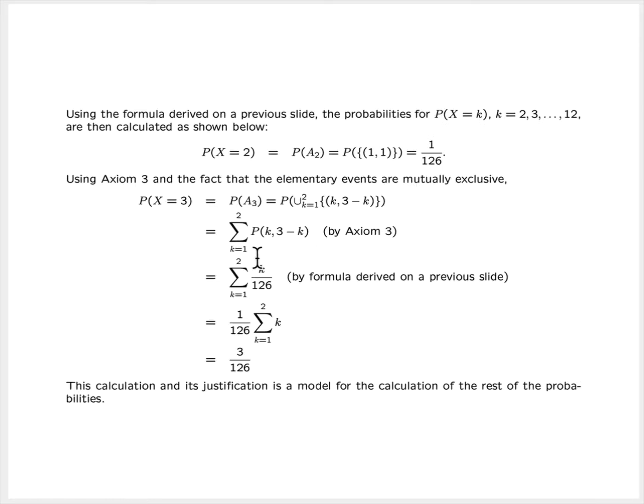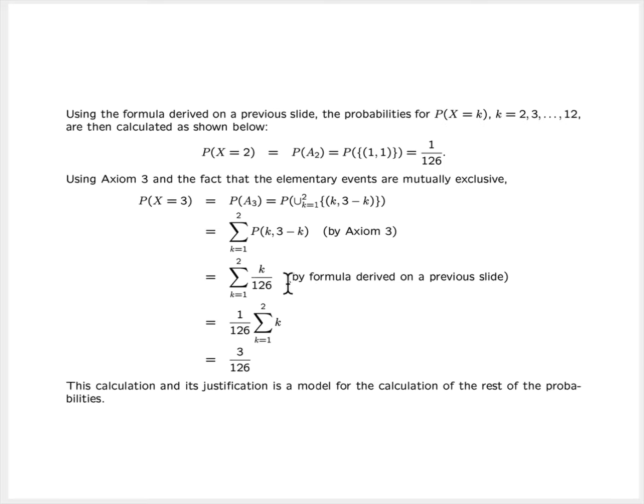Now, to compute this probability or to come up with the expression, we go back to the formula that we derived on a previous slide. And so the probability that the weighted die is equal to k and that the fair die is equal to 3 minus k is k over 126.